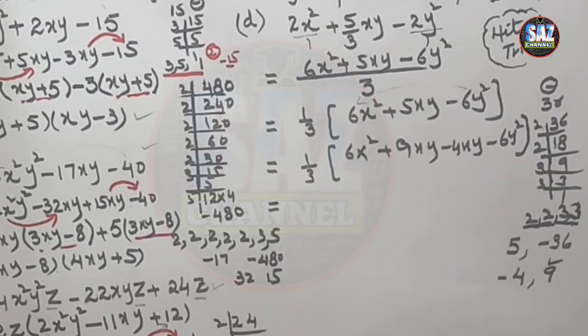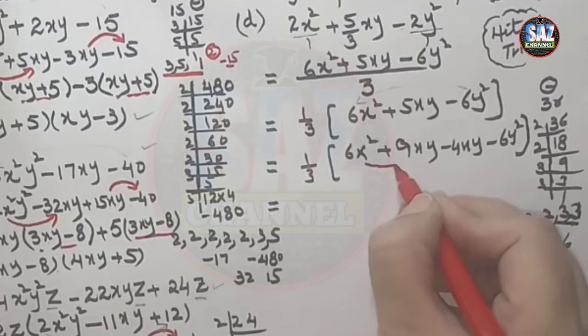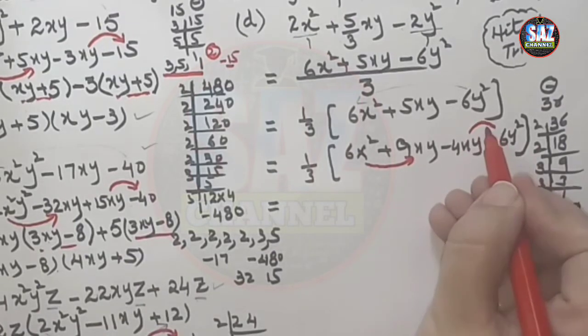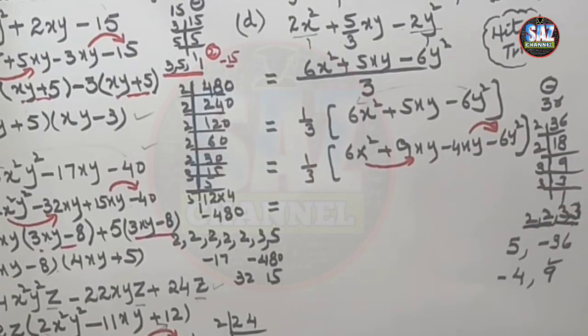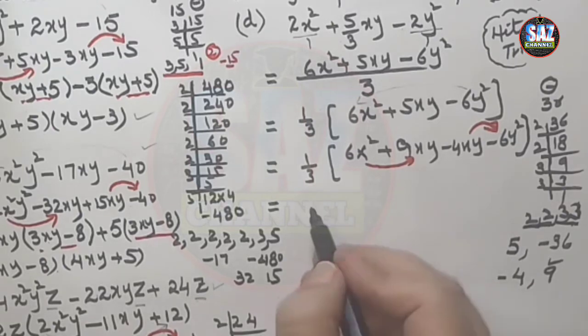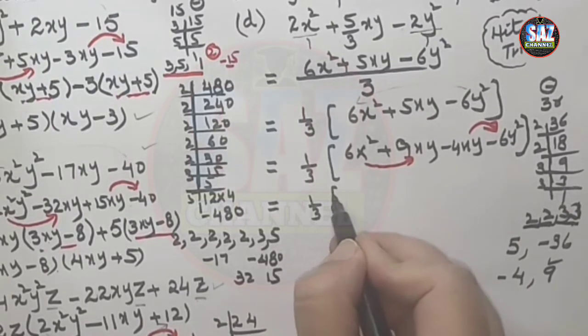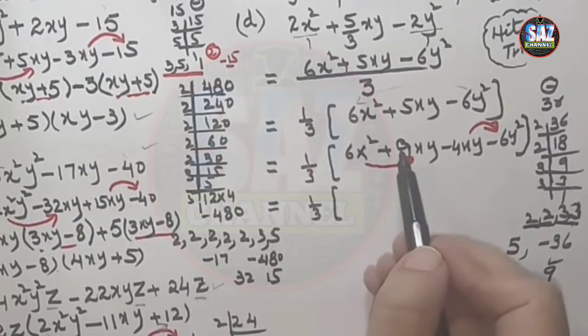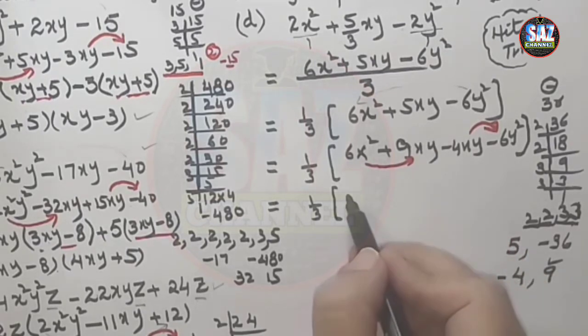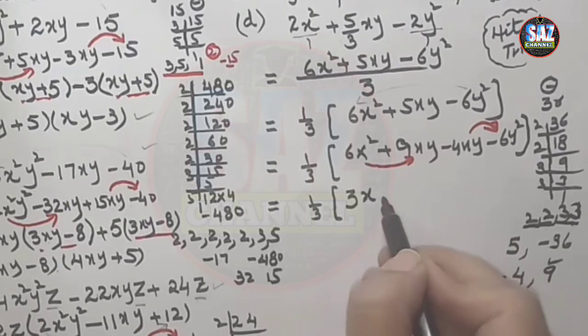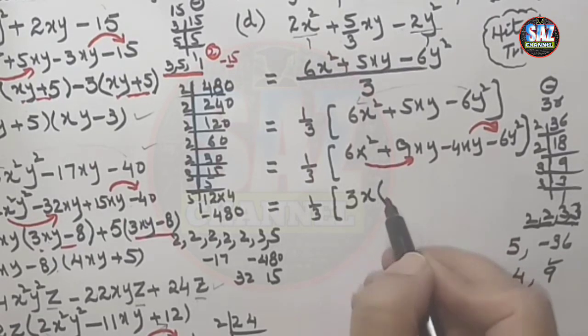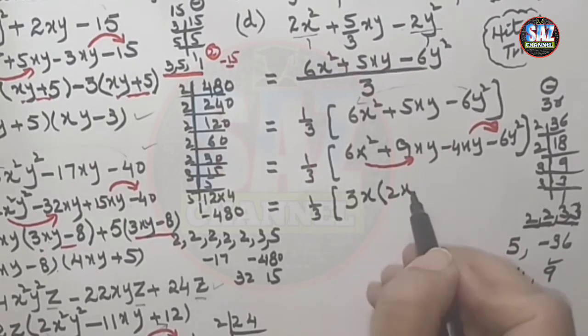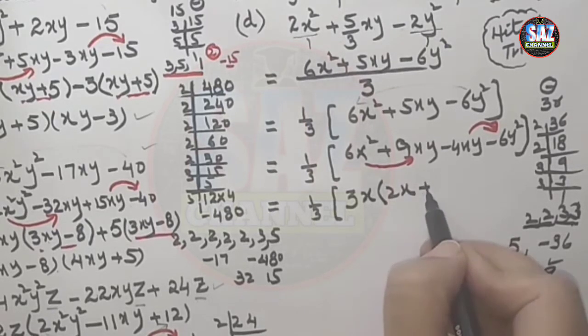Now quickly make the groups of like terms. Make the groups of like terms and extract a number or letter as a common factor. From the first group, I can see 6 and 9 both are in the table of 3. So I'll extract 3 out, and from the letters, x. On the first place, I will be left with 2x. The sign will be as it is, plus.